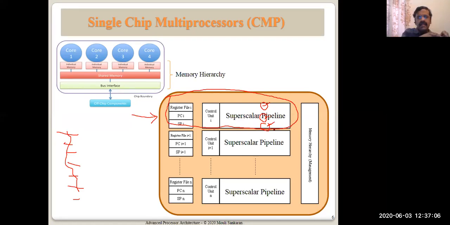There are so many such things happening. Even instructions may not be there. In the instruction cache, there is a hit, there is a miss. So if I am having a single process, I may not have a sufficiently large number of instructions to schedule on the functional units I have.